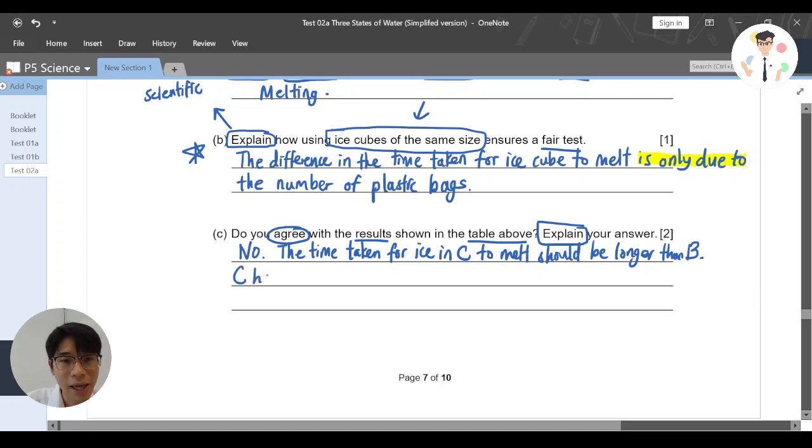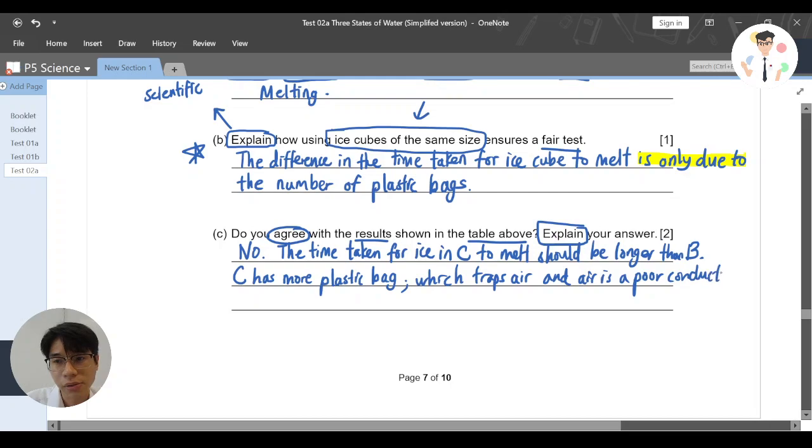Because C has more plastic bags, which trap air, and air is a poor conductor of heat.